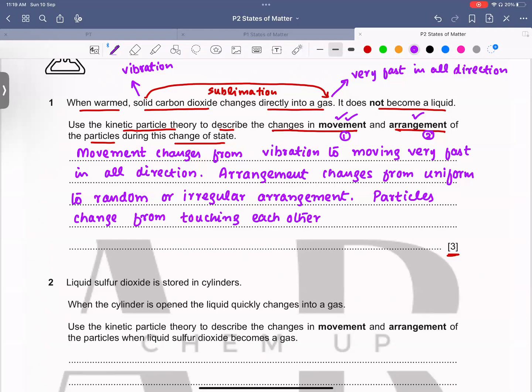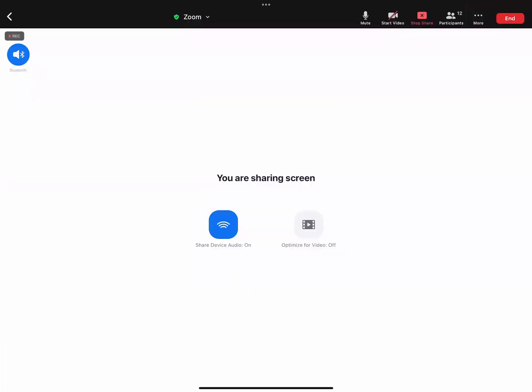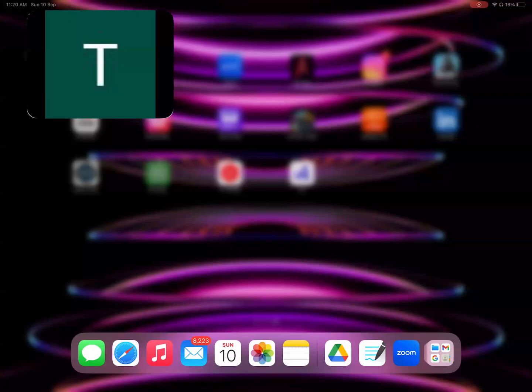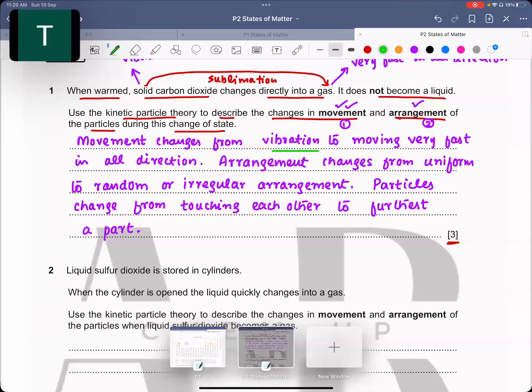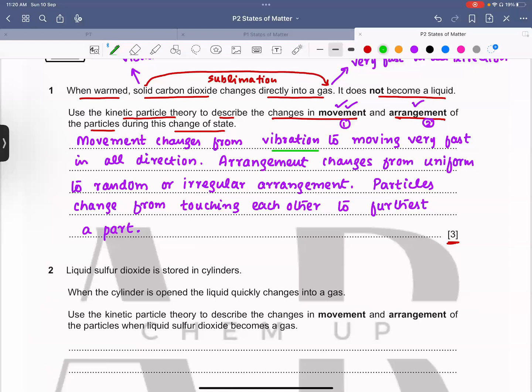Yes, am I audible? Yes, sir. Okay, so see, initially the movement changes.